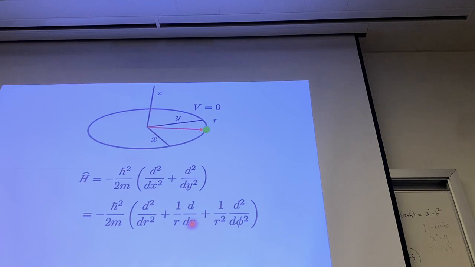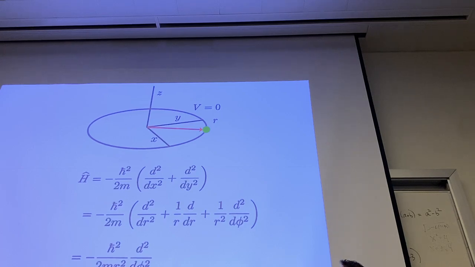So the first order derivative and the second order derivative are both 0 for something that doesn't change. That means both of these are 0, and I'm only left with the last term. That's good. That makes things easier. So I only keep the last one, and of course that one only depends on phi. That's what I want.